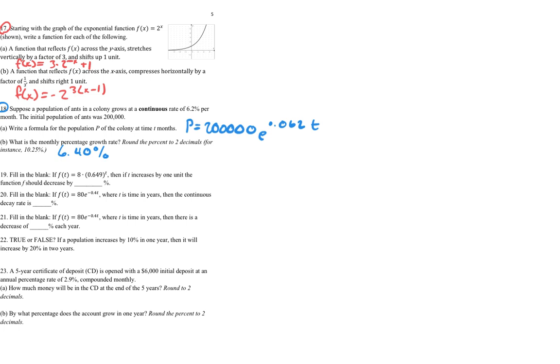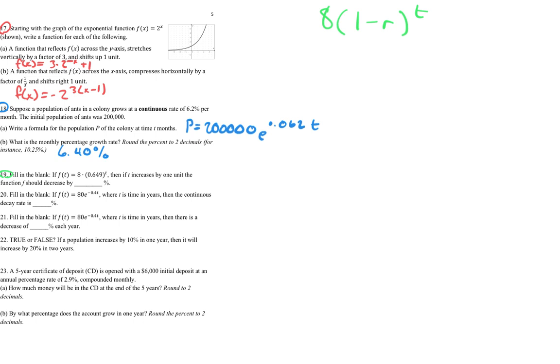Okay, so number 19, fill in the blank. If f of t equals this function, then if t increases by 1 unit, the function should decrease by so much percent. So we see that we have this number here is less than 1, which means that we're decaying. Whenever we plugged it into our formula, we had something like 1 minus r to the t with our initial amount.